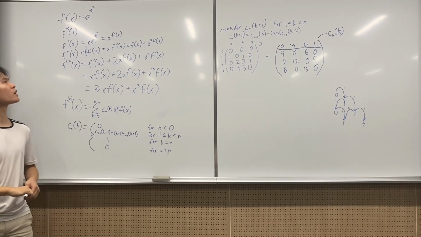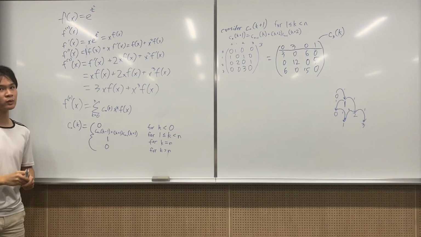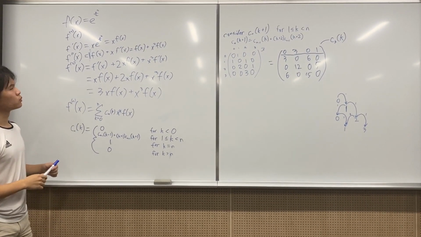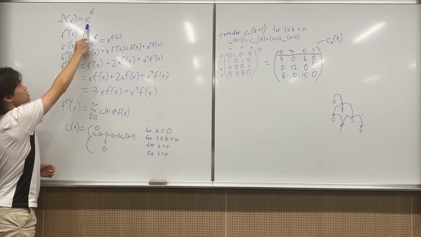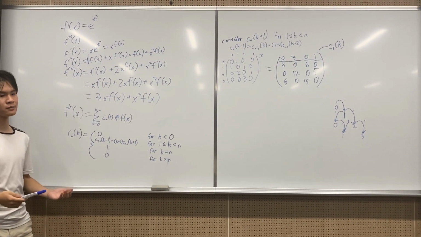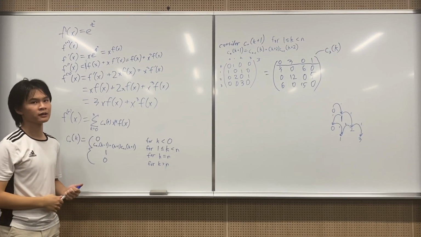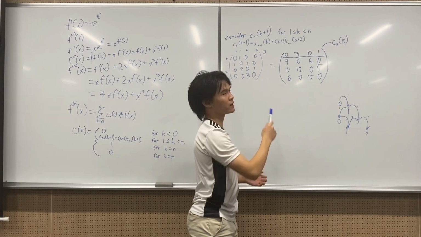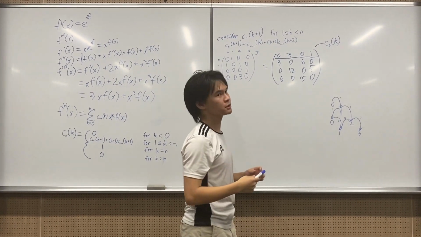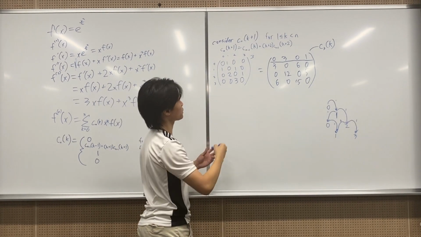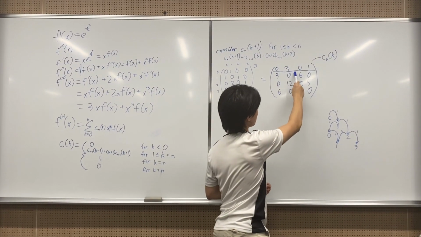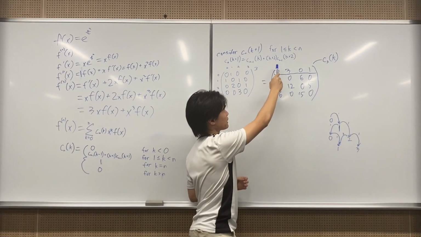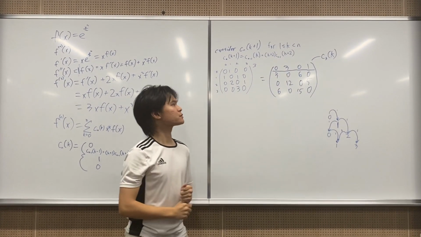So why is this? Well, we can model this like traversing a graph. The initial function f of x sets a starting point at the constant term. And so what we really care about is where and how much the initial constant term can traverse to, which is why we look at the first row, which defines the number of paths between the constant term and each of the other terms.